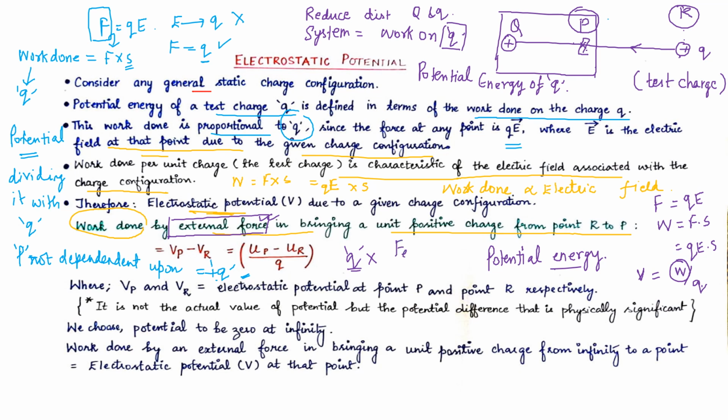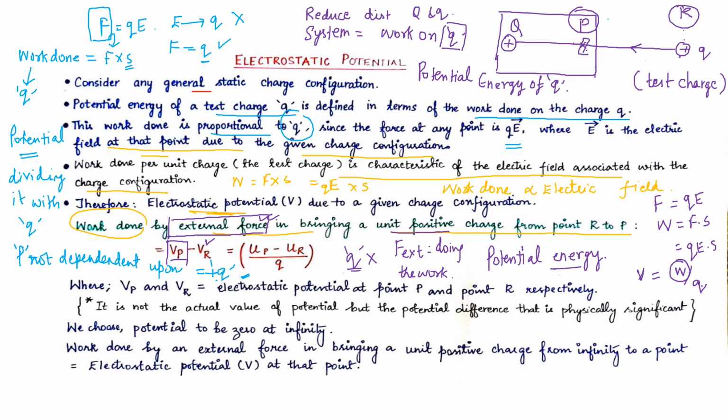F external is doing the work in bringing a unit positive charge from point R to point P, given by the voltage or the potential at P minus the potential at R. We are simply calculating the potential for that charge at point P and point R.